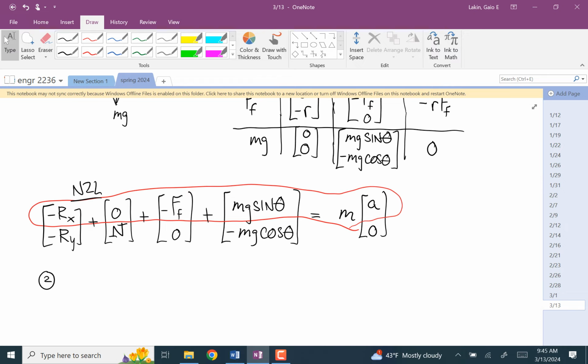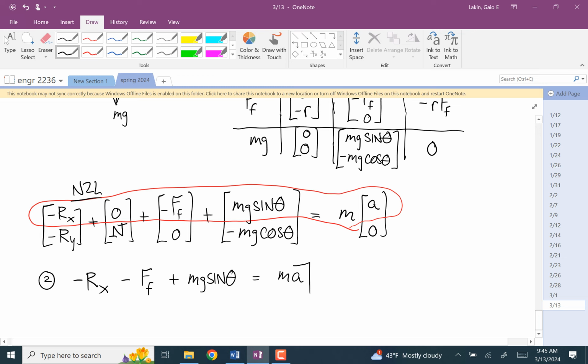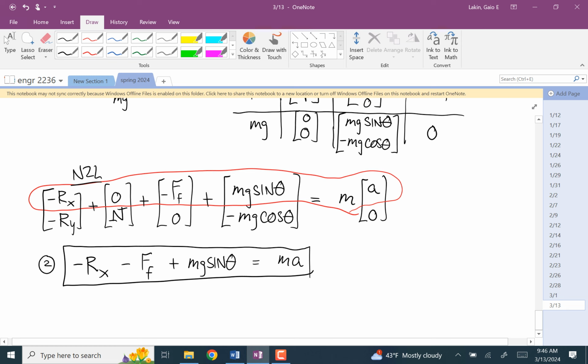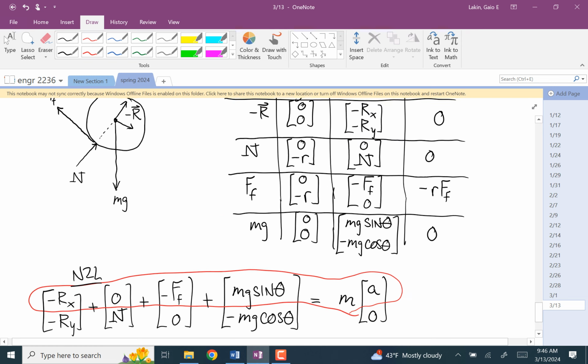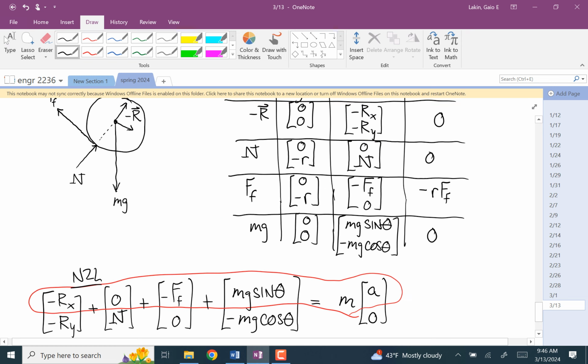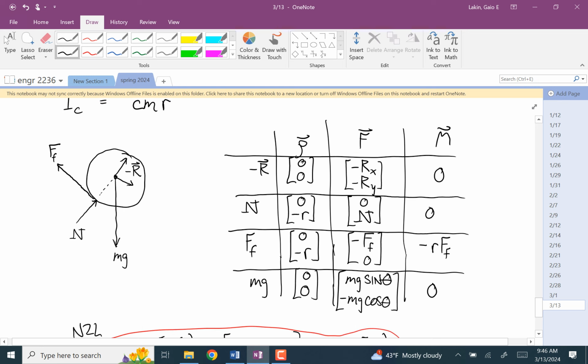Okay, so the second equation says negative Rx minus Ff plus mg sine theta is equal to ma. And then we have the moment equation. So add up all the moments in the moment column of the table.